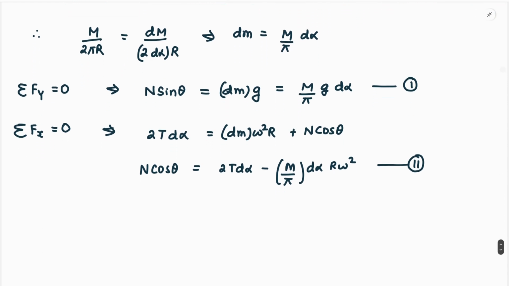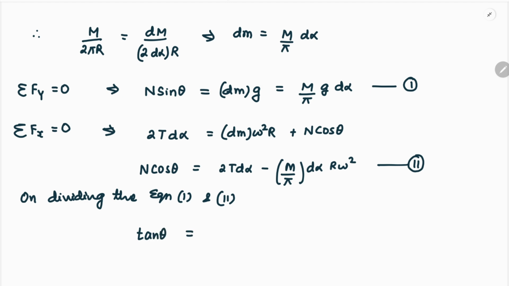So we will cancel out N, and therefore on dividing equation 1 by equation 2, N sin by N cos can be written in terms of tan theta. So tan theta equals m by pi g d alpha upon 2T d alpha minus m by pi d alpha r omega square.